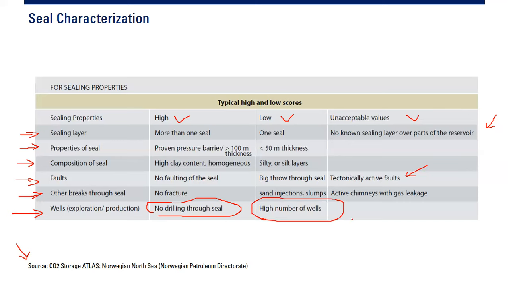But we don't have anything unacceptable here. So maybe if you have 10 or 50, there is still a bargaining point. But you need to be aware that in the first place, it's not a good sealing property. It's not a good cap rock, basically.